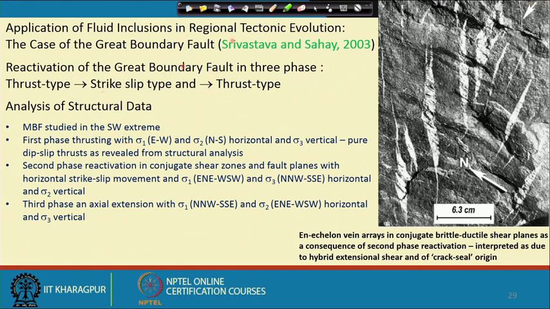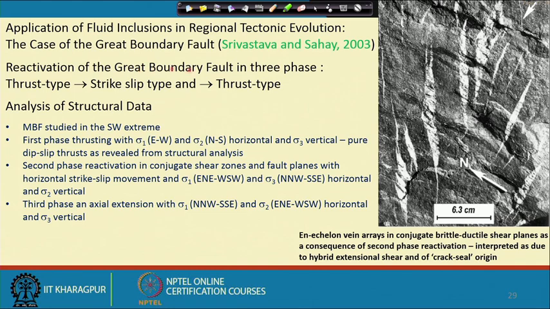So, this Great Boundary Fault was studied by these authors on its southern extreme, where it is juxtaposed against the Vindhyan sediment and the basal Vindhyan group of rocks, the Kaimur sandstone, where these structures are developed.